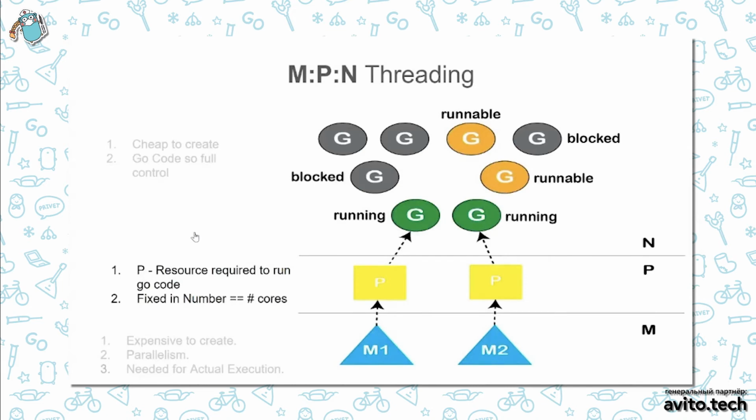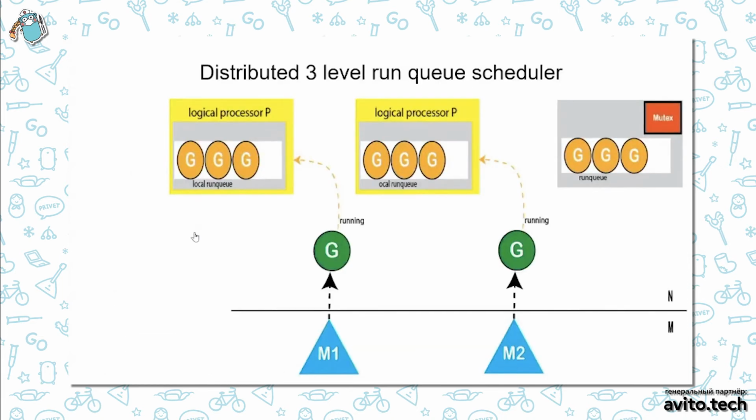In this model, we always have a fixed number of logical processors P, and by default it is the number of logical CPUs usable by the current process. Each coroutine will now have its local run queue inside this fixed number of logical processors P, and each coroutine G will now run on the operating system thread M that is assigned to the logical processor P.